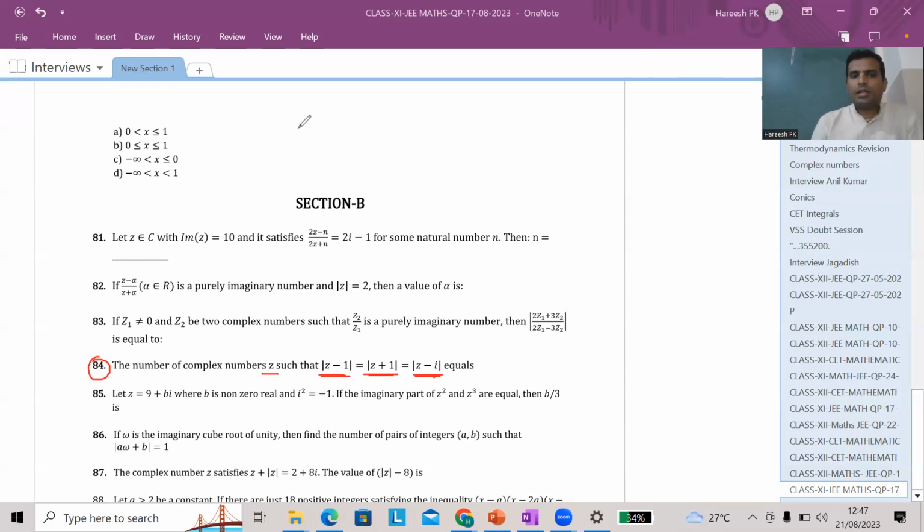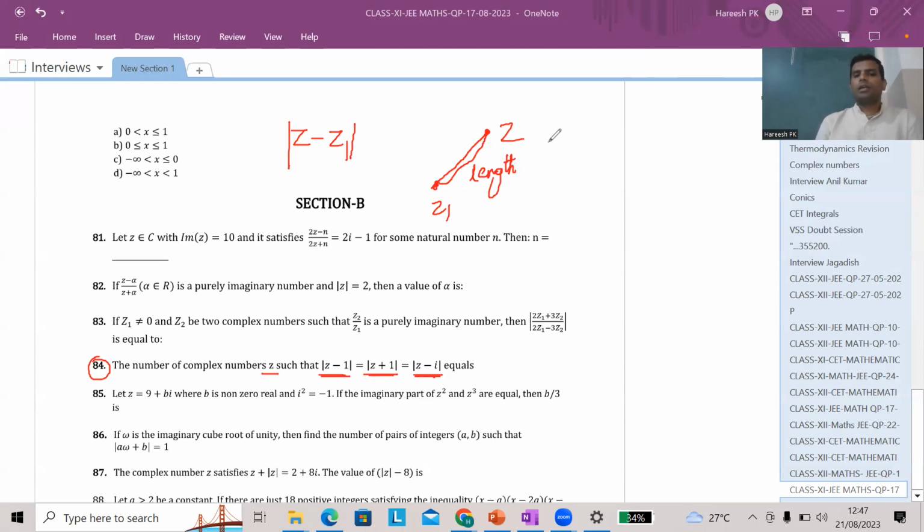I have discussed in the class that mod of z minus z1, z is some random point, z1 is a fixed point. Z minus z1 is the line joining these two points, and mod means the length of this line.